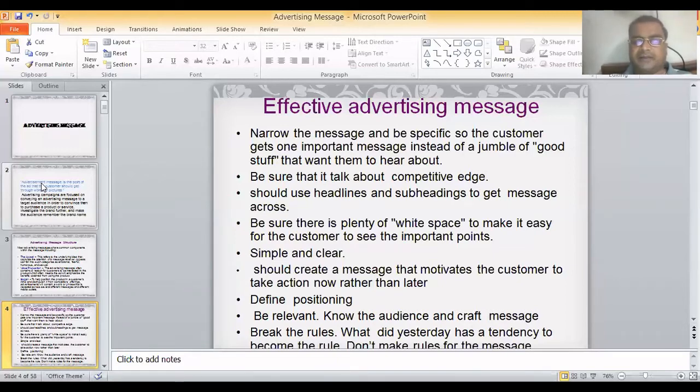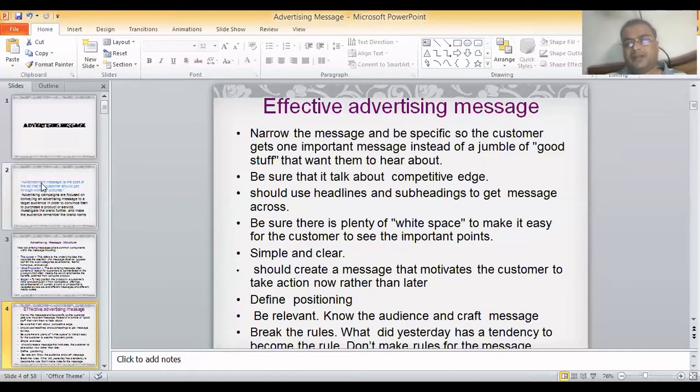Now, the fourth one, which is very interesting, is that there should be plenty of white space to make it easy for the customer to see the important points. This is nothing but how you are visually impacting the customer. By white space, it means that wherever you are putting the message, that space should be clear. It should not be that Amitabh Bachchan is endorsing your product, for example, in print media or on a hoarding, and your message is on his red colored shirt or his floral shirt.